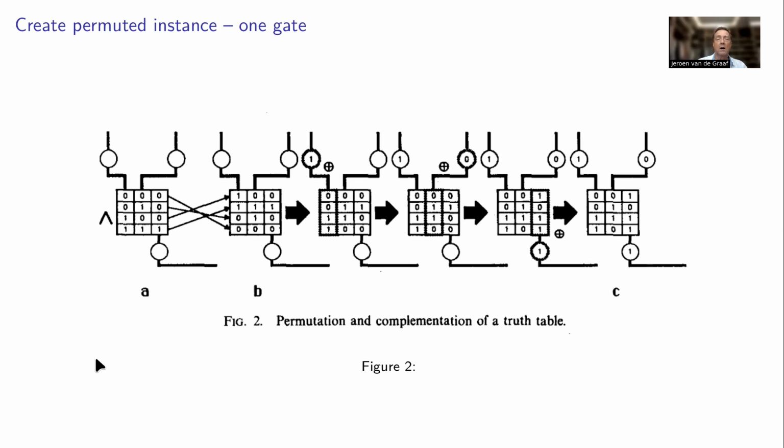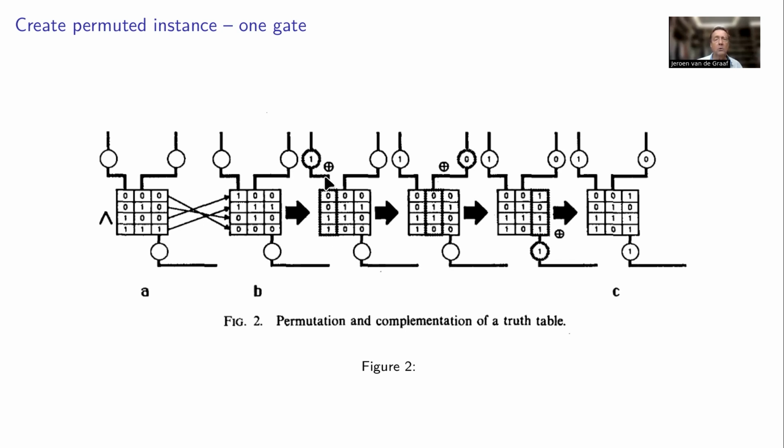First, I'm going to explain how we are going to create a permuted instance of a gate. This, I believe, is the first gate. We are going to apply a permutation to all the rows. This is the permutation.